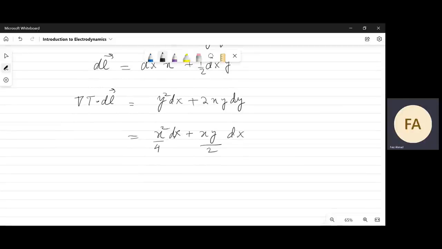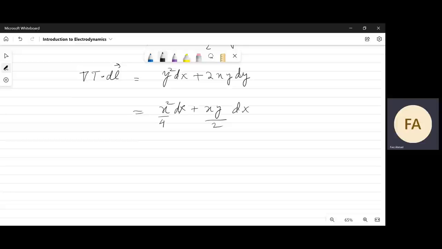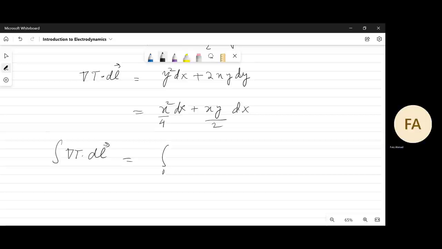So integration is from 0 to 2 on this line, in the form of x. So the integration over x of delta T dot dl will become the integral from 0 to 2 of x squared by 4 dx plus x, where we have to replace y, so it is in fact x squared by 2 dx.